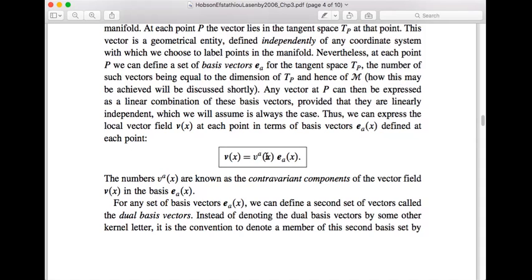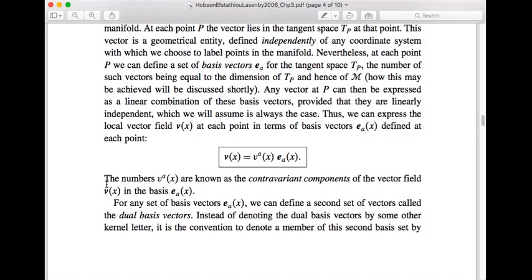Now, remember this convention of Einstein. Whenever you have a repeated index, one upstairs, one downstairs, in the same term, it's implied that you have to sum over that index. And now I've just explained why they put that index downstairs on the basis vector, because the index went upstairs in the component of the vector.